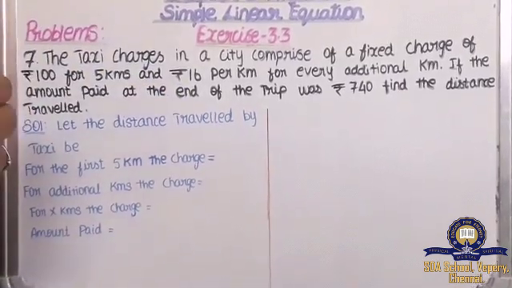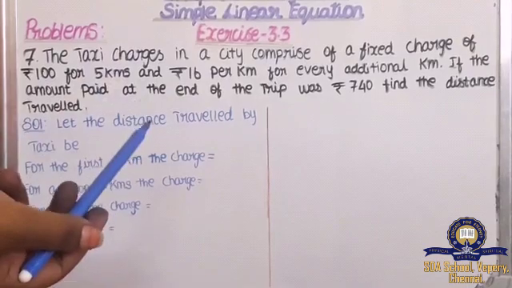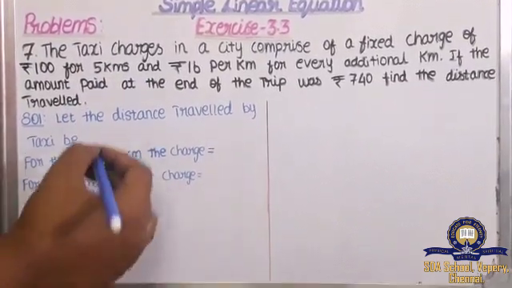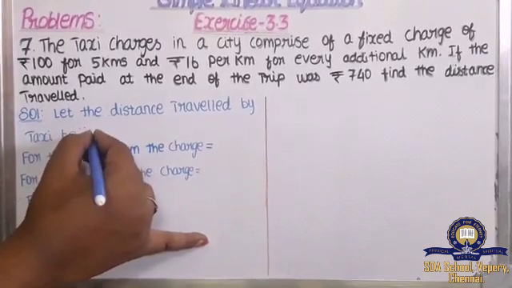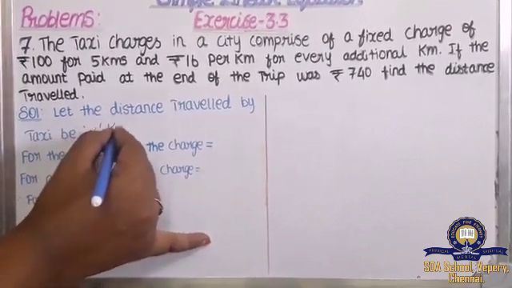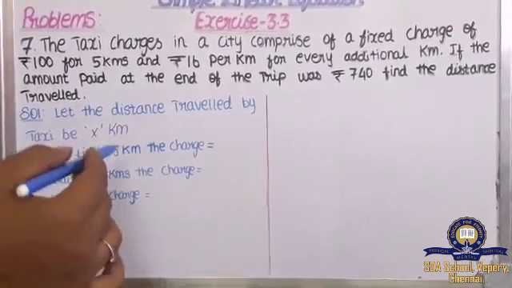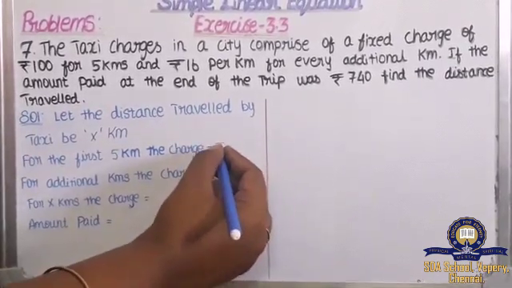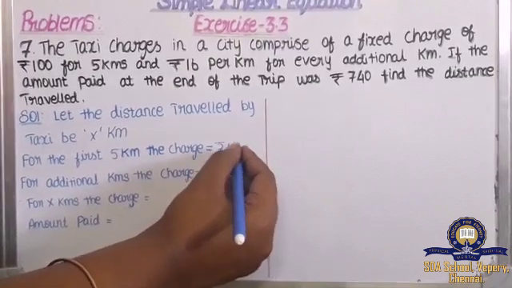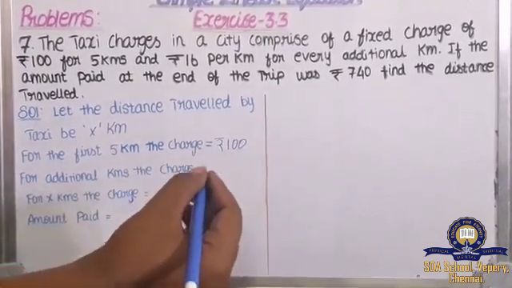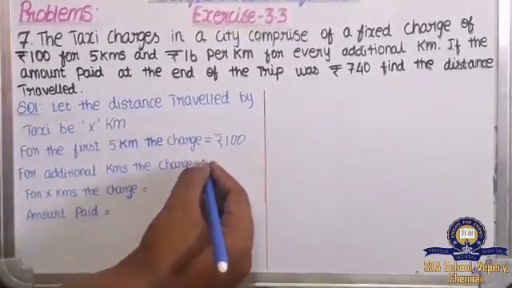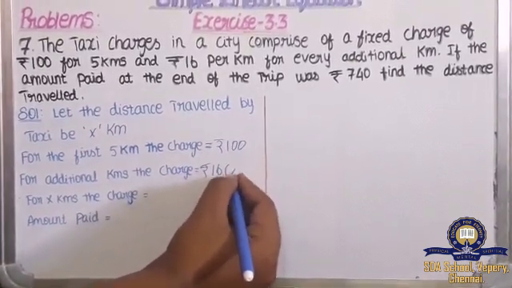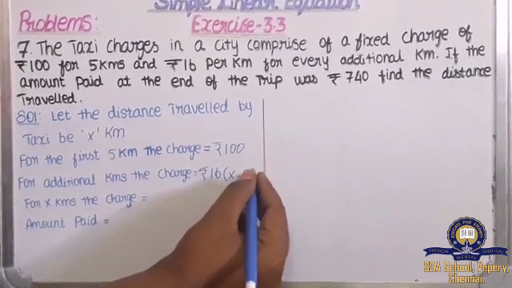So here we need to find the distance travelled. Let us take the distance travelled by the taxi to be x kilometers. For the first 5 kilometers, the charge is rupees 100. For additional kilometers, the charge is rupees 16 into (x minus 5).